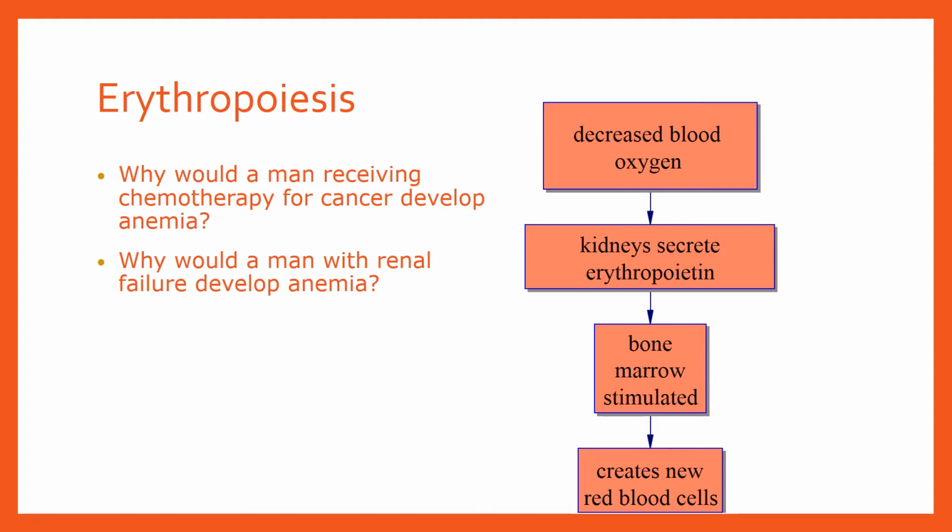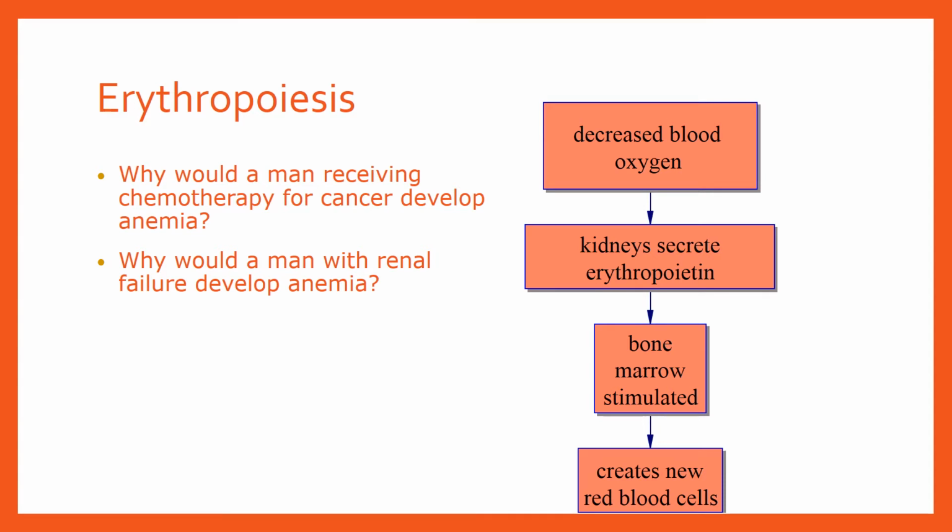So in this case, kidneys just won't produce erythropoietin, bone marrow is not stimulated, and you don't have the red blood cell production that's needed for the patient to sustain needs for oxygen. So the patient will be anemic, even though there is nothing wrong with red blood cell production in the bone marrow.